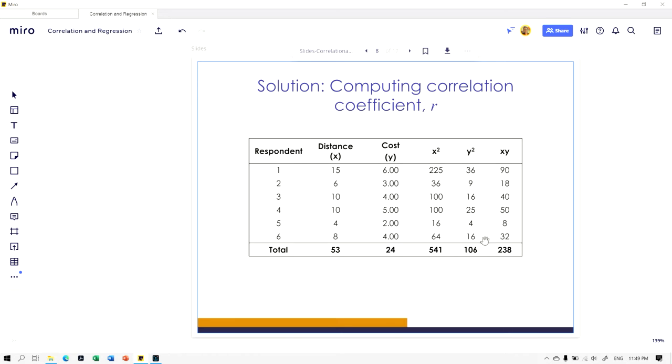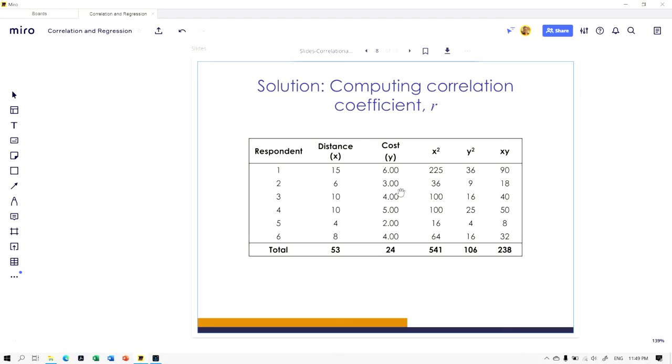The third column that we construct or we compute is the column for y squared. Basically, this column shows the y value squared for each respondent. For the first respondent, y squared is given by 6 squared, which is 36.